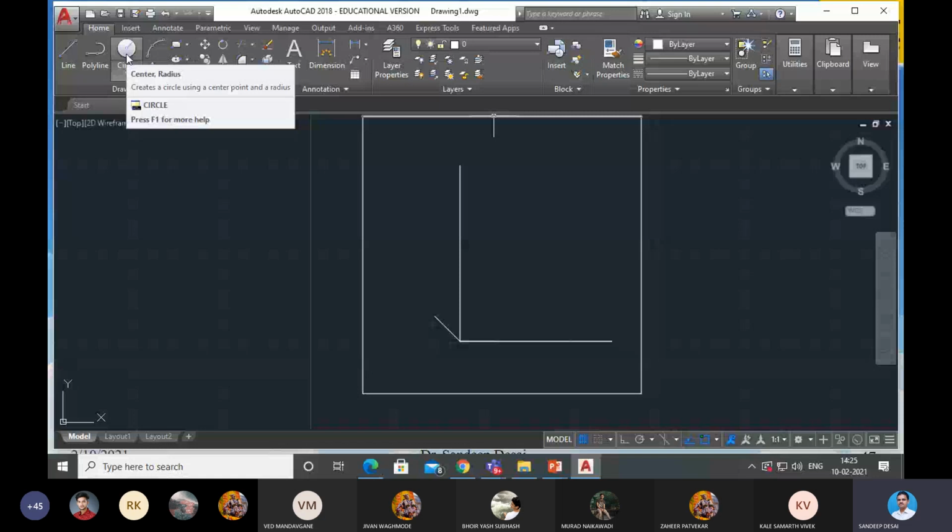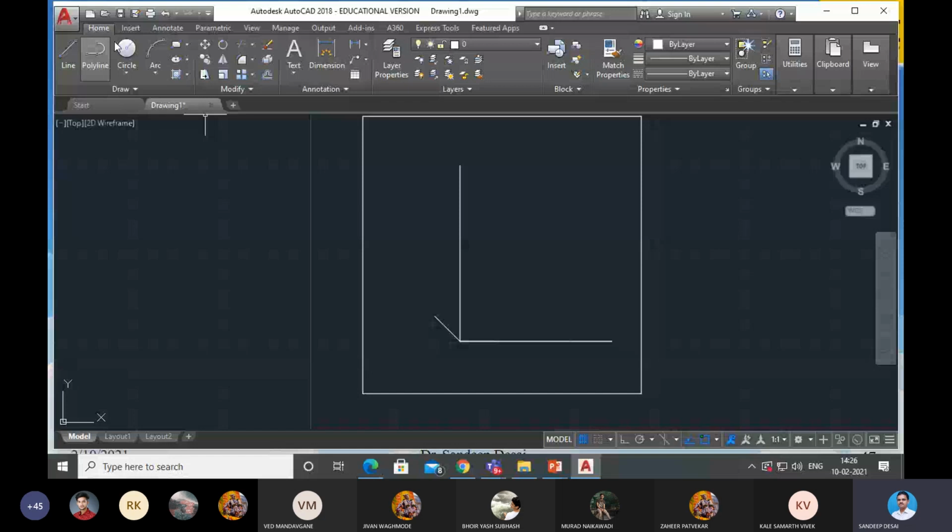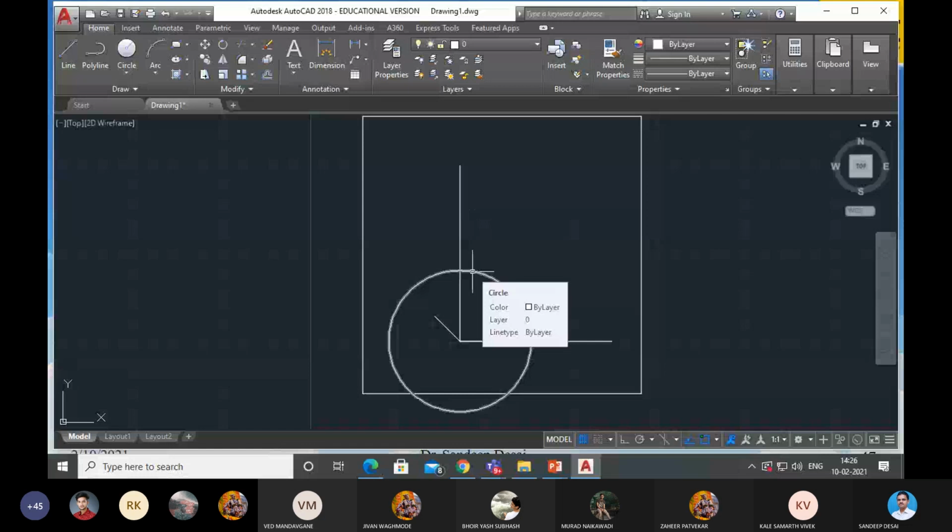O2 point is at 102 mm. 102 means 1020. So let us draw a circle of radius 1020. This is that point. Now from this point, this is that O2 point. Right.